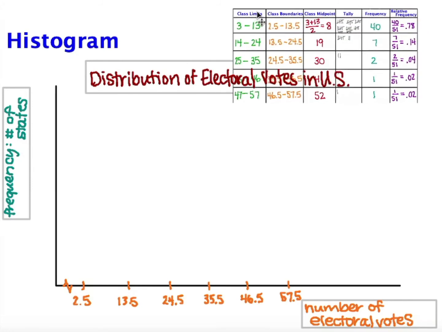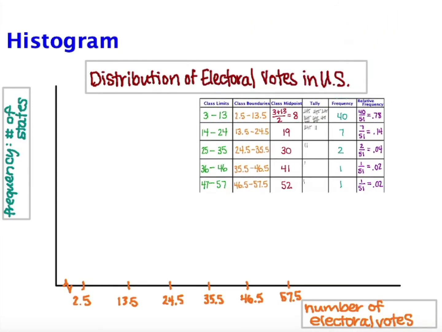Great, it is time to start making those bars. So you'll see that our data, our frequency varies from 1 in certain classes up to 40 in other classes. So I want to pay attention to that 40 and mark up this axis so that we reach 40. And then we're just going to draw in the bars for the histogram.